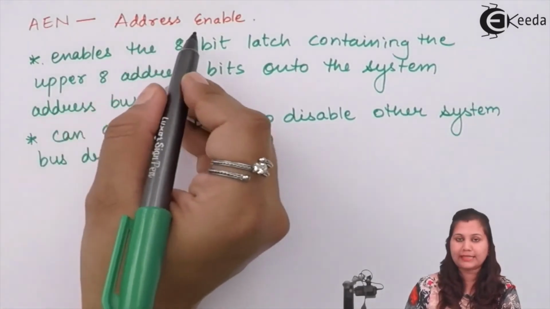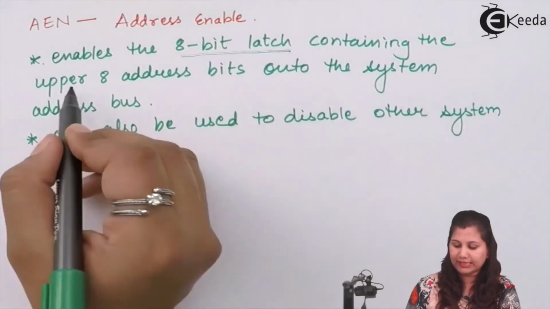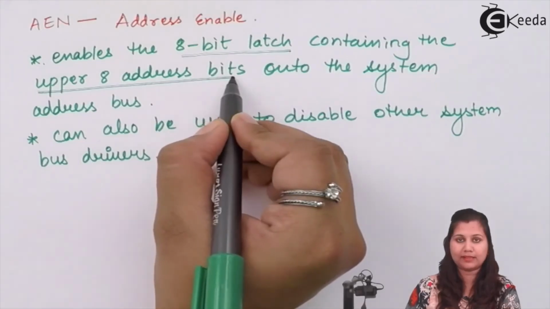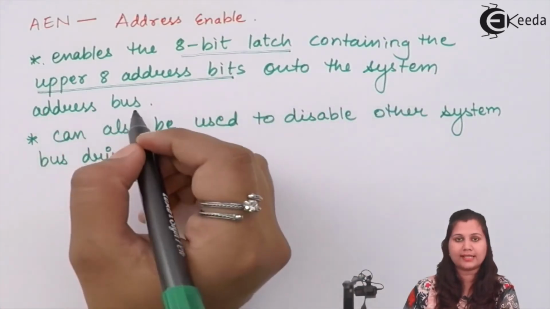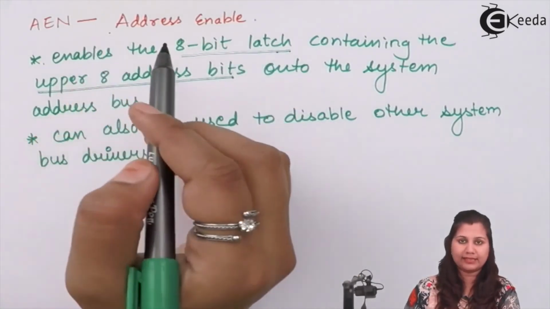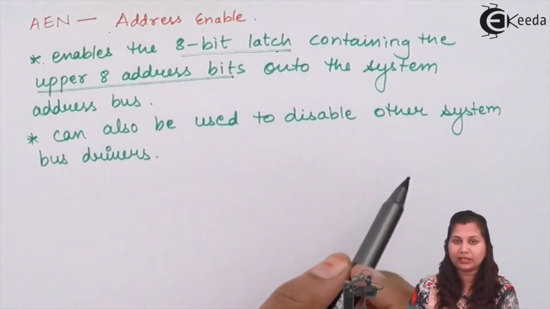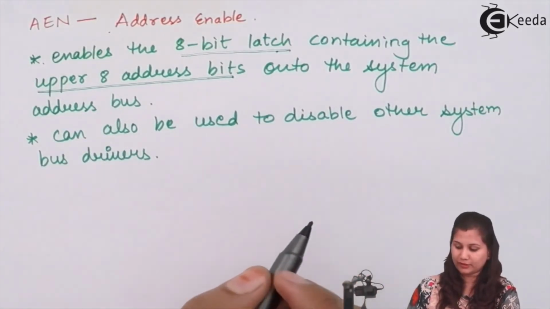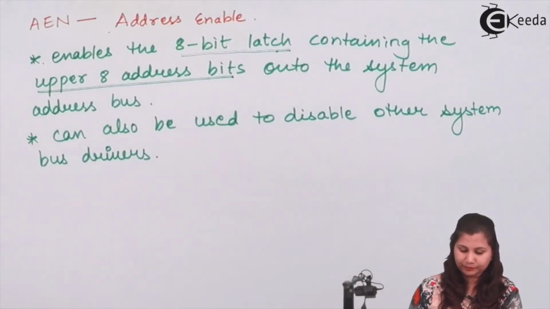So this address enable signal is used to enable the 8-bit latch which is containing the upper 8 address bits, means the higher order address, onto the system address bus. So this latch will be enabled when this signal is active. Now this signal can also be used to disable the other system bus drivers. They can also be disabled by using this signal.